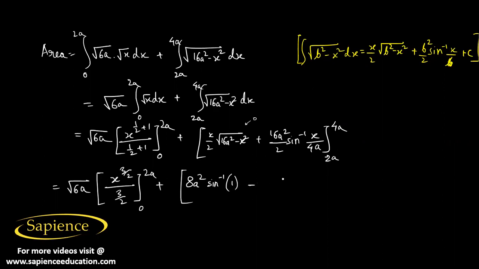Then minus this is your 2a by 2, that is a times the square root of 16a square minus 2a square, that is 4a square, plus 8a square times sine inverse 2a by 4a.